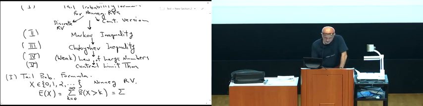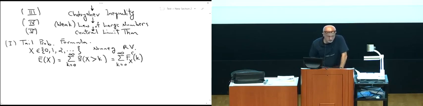And of course, you recognize that as what? What is this probability? By definition, what is that? Complementary CDF. This is totally unintuitive.